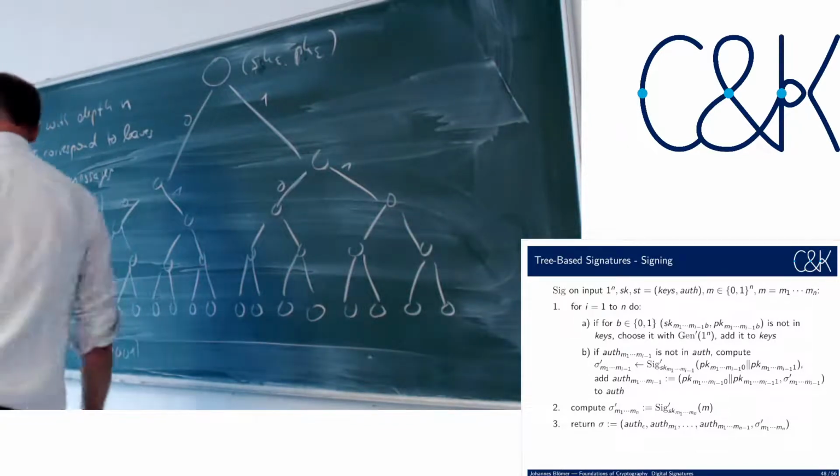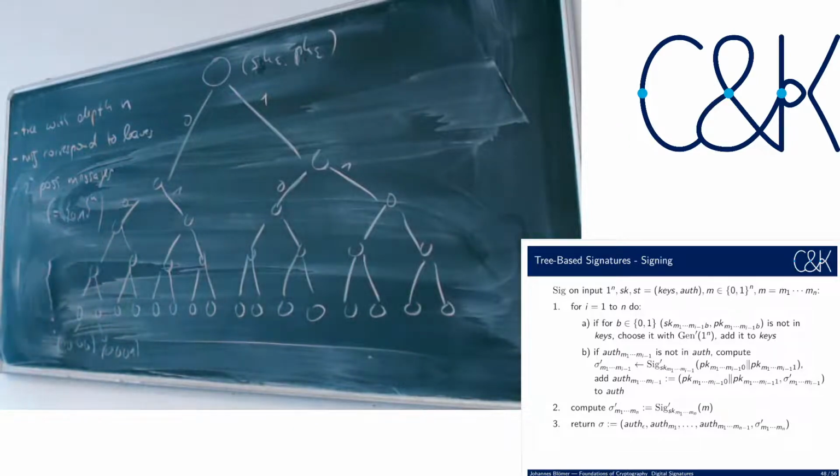Now you want to sign a certain message. Say you want to sign a message in {0,1}^n, with M1 through Mn being its bits.